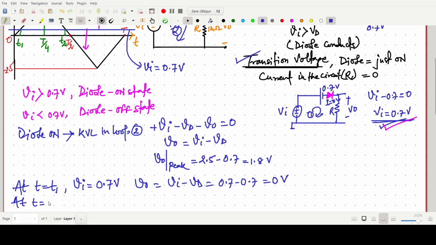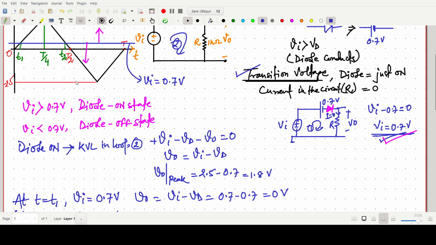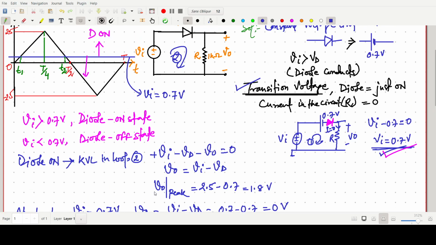At T equals T2, Vi is again 0.7 volt. Once again, I am showing you, this point is also 0.7. So again V naught will be Vi minus Vd. It is very simple, 0.7 minus 0.7, which is 0 volt.